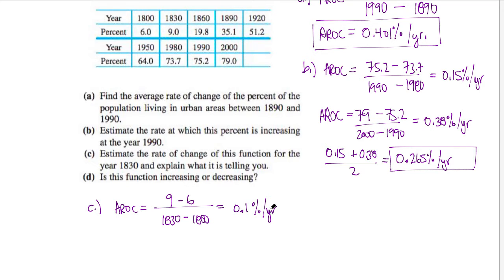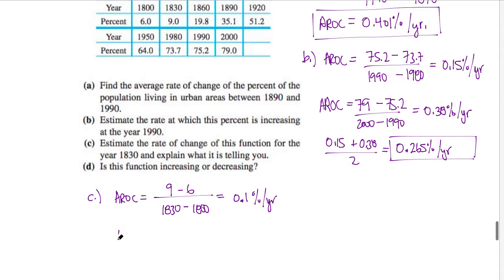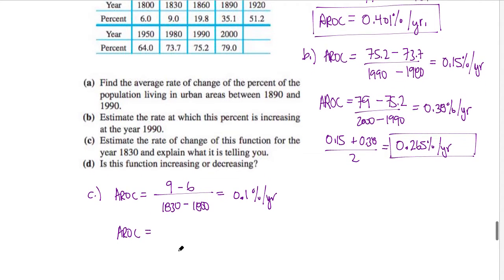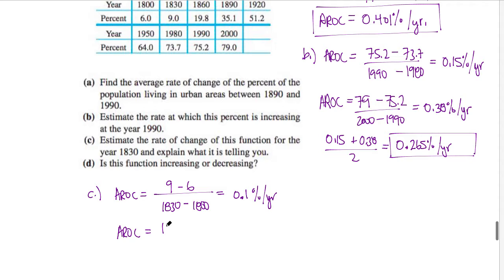And my other average rate of change is going to be on the other side of 1830. So that will be 19.8 minus 9 over 1860 minus 1830.